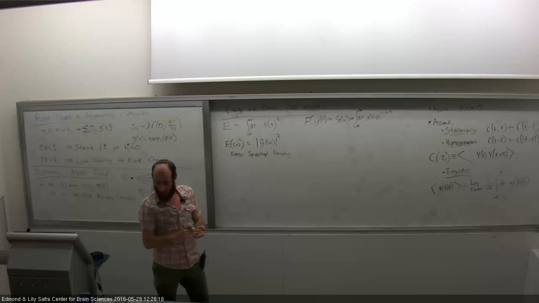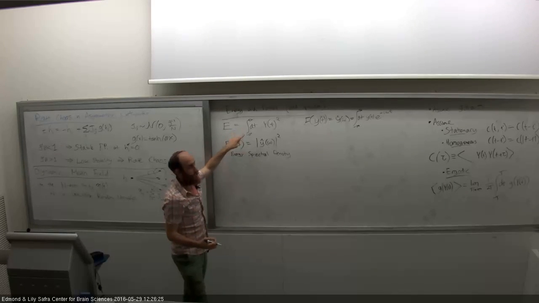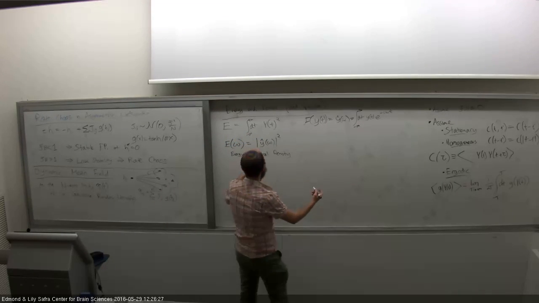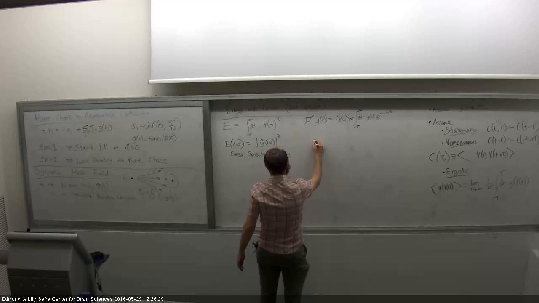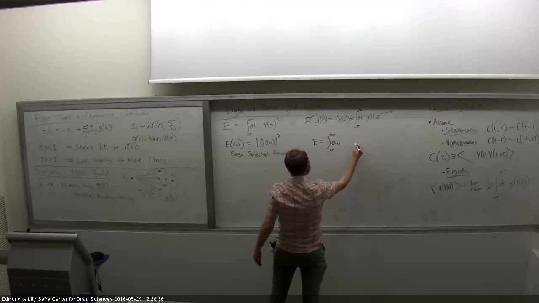And one of the powerful features of the Fourier transform is that, just like we wrote the energy as the integral over all time, we can also write the energy as the integral over all frequencies, and it's totally equal. I think that's called Parseval's theorem.